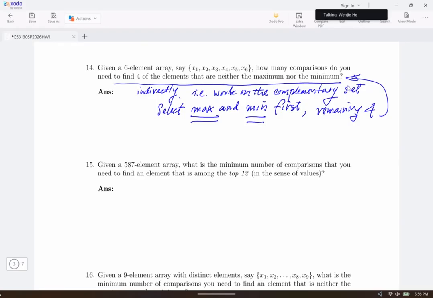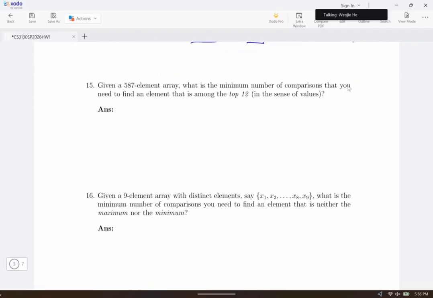Number 15. So this question, although most of you got the correct answers, those students may not know the idea. There is some very good problem-solving thinking in this question, so I hope you can learn from this.